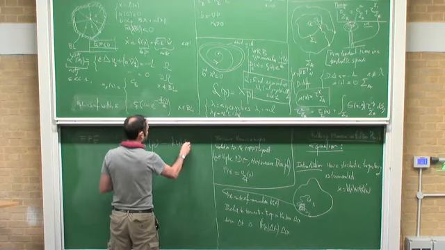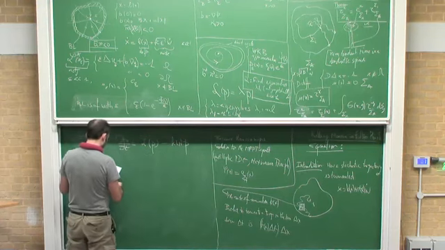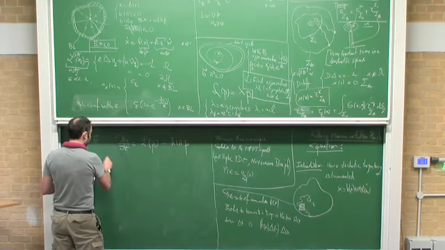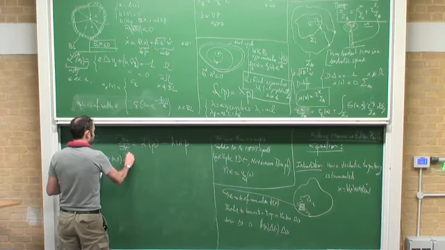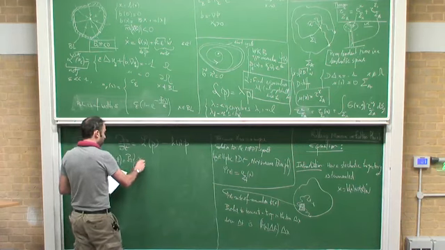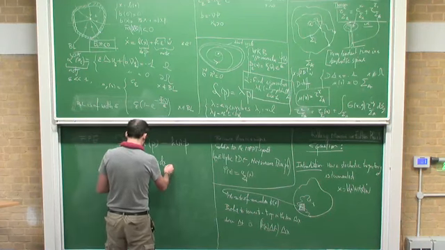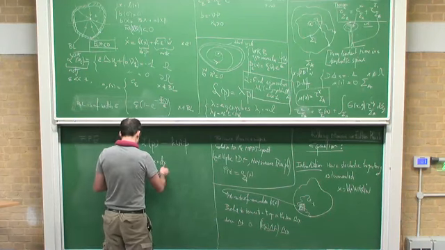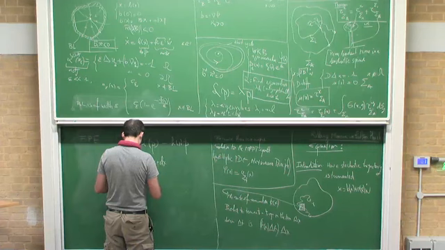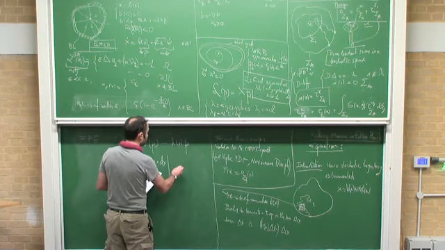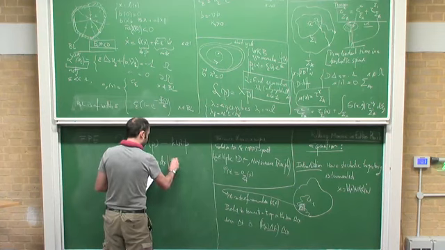p of x. By definition, p_x(t) is the probability that the trajectory is at x plus dx at time t, conditioned that the trajectory is still alive, and it started, let's say, at point y.